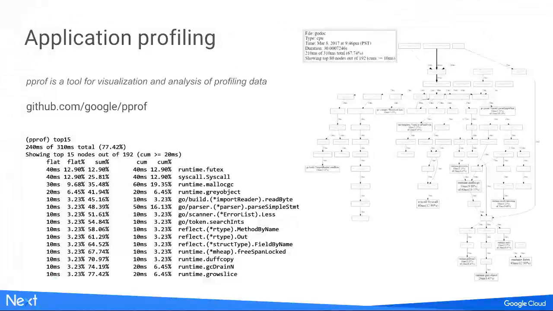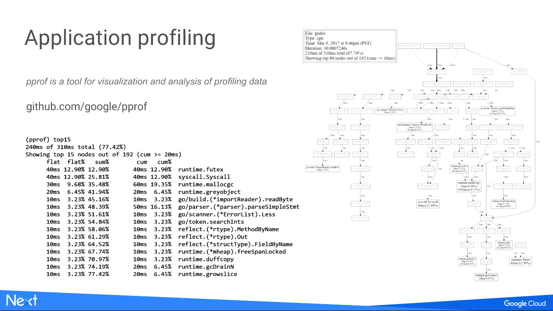So maybe we identified a function or a handler that's performing poorly. I think the next thing to do is to profile that function. pprof is an open source tool from Google for visualizing and analyzing profiling data. You get the profiling data through other tools like Linux's perf tool.